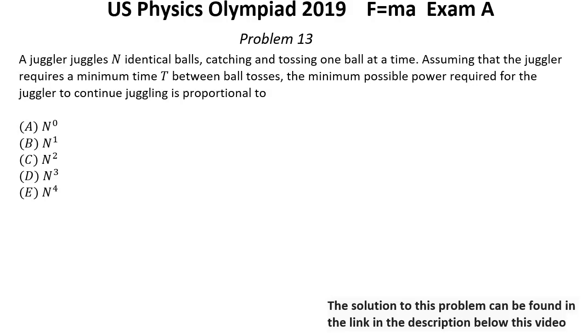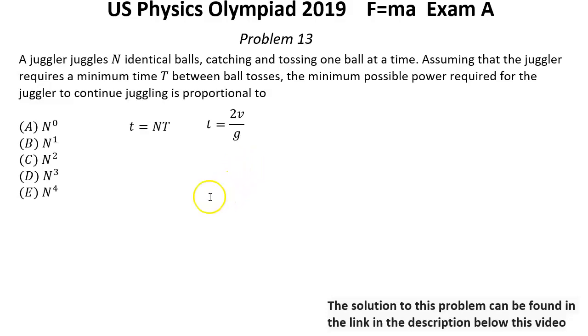If the total time between tossing is big T, the total time for the ball to travel equals the number of balls n multiplied by big T. But on the other hand, this time equals 2v over g, where v is the speed of the tossed ball.